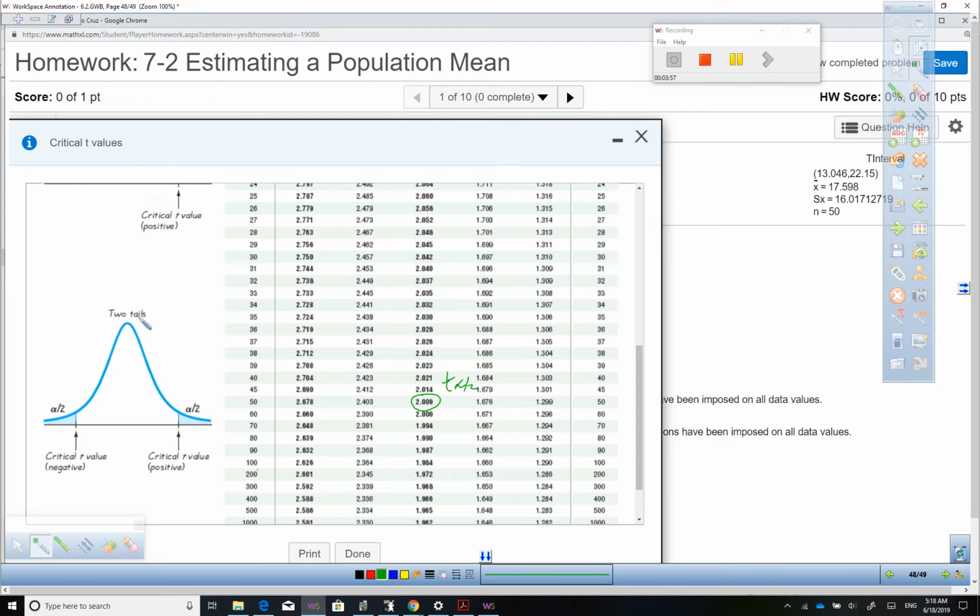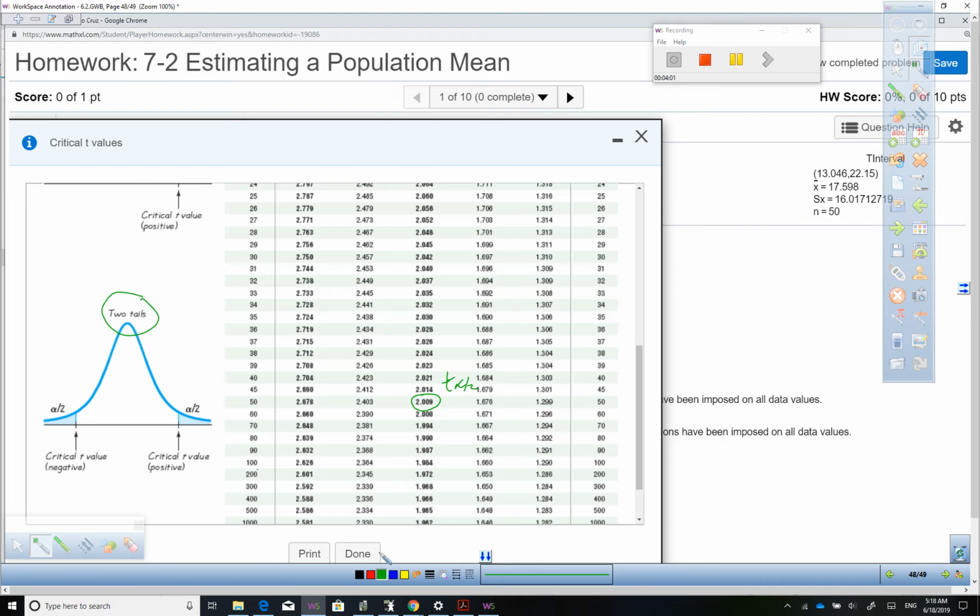Remember we have two tails, and you round it to the second decimal place, so this 2.009 rounded to the second decimal place is 2.01.